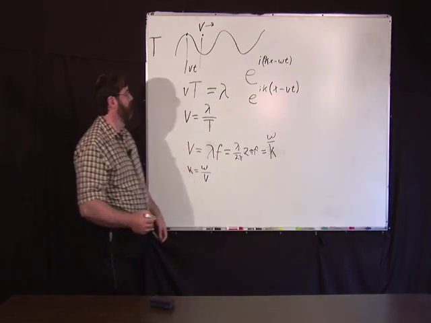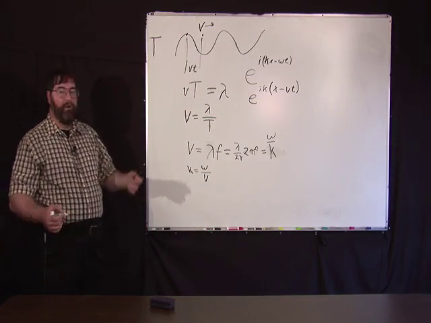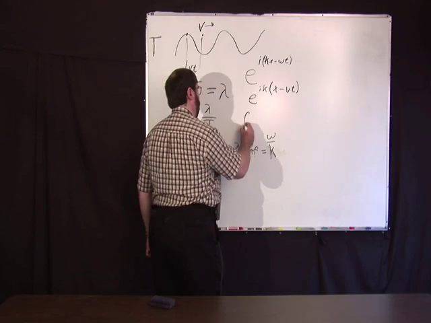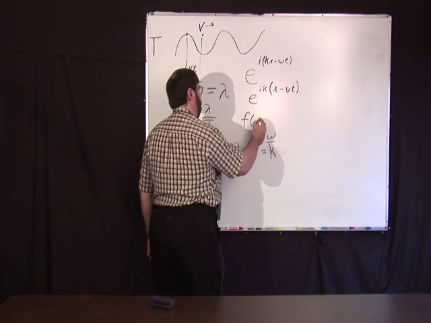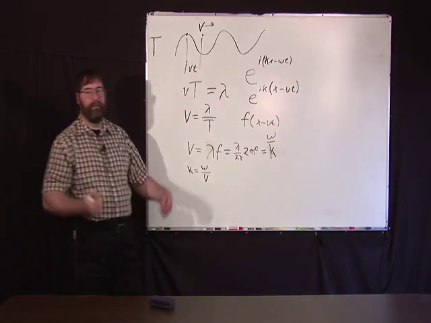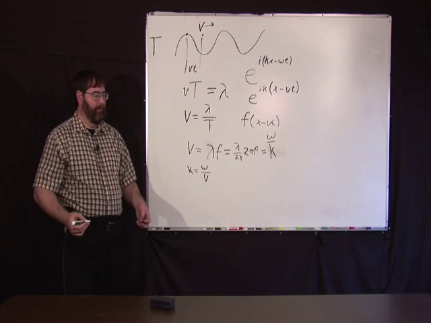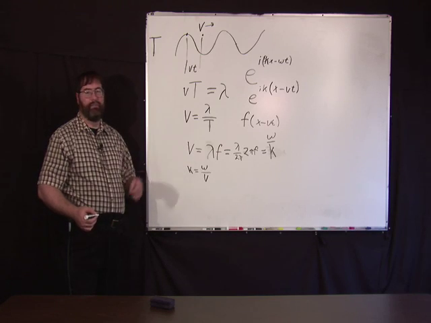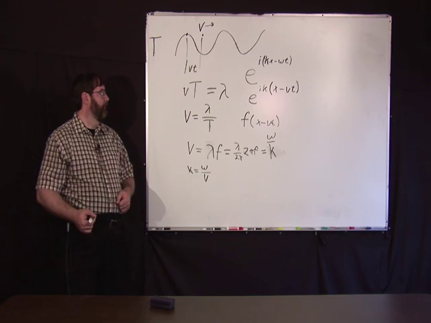It turns out there's something called the wave equation that all waves follow, and all waves are of the form x minus vt. You can prove that, but I'm not going to do that here. If you've had some basic differential equations, you've probably seen this before.